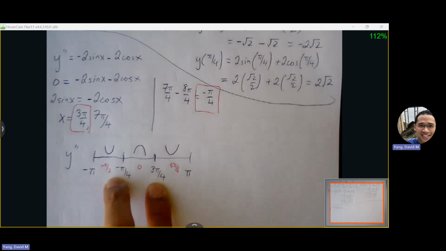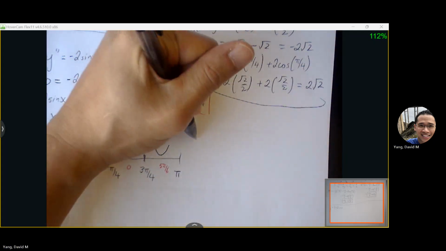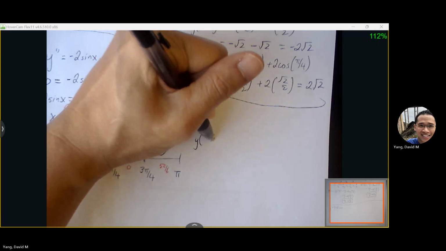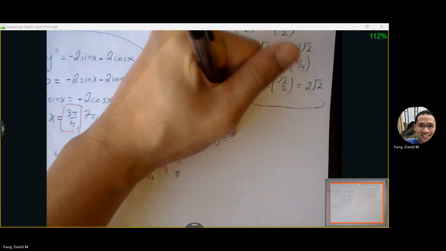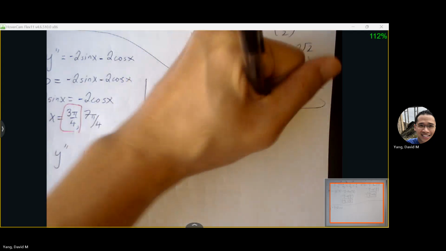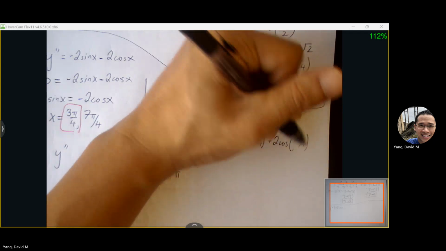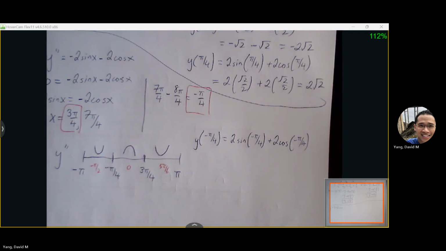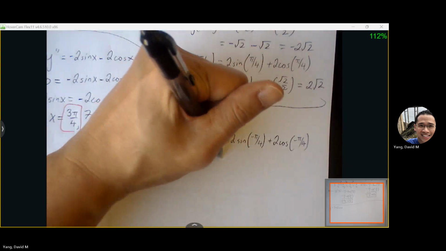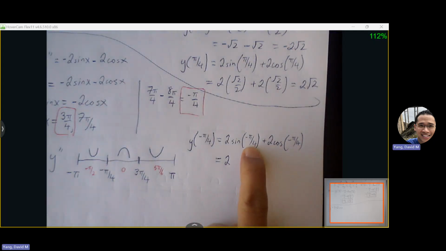Let's find our order pairs at negative pi over 4 and 3 pi over 4. Negative pi over 4, same thing as 7 pi over 4.